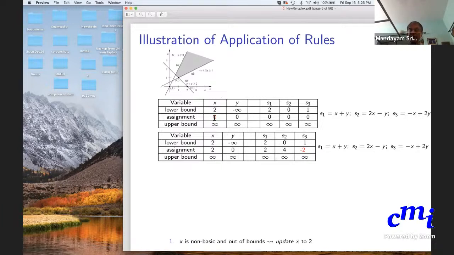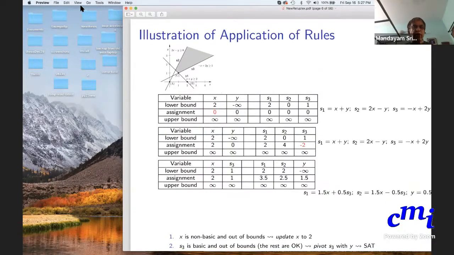But since it's just an update operation, not a pivot operation, the equations remain the same. Whenever there is a basic variable which is out of bounds, the only way that can be fixed is through a pivot operation. So you pivot.